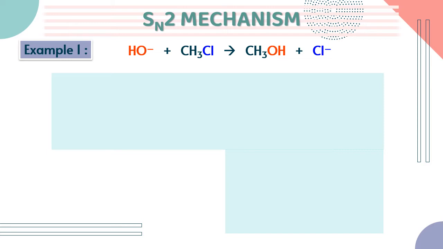Okay, so like I mentioned before, SN2 mechanism dekat sini, yang ni adalah untuk primary haloalkane. Okay, usually adalah untuk primary haloalkane. So, if you look over here, kita ada dekat sini, kita punya nucleophile, and then this is the haloalkane, this is the product, and then this is the leaving group.